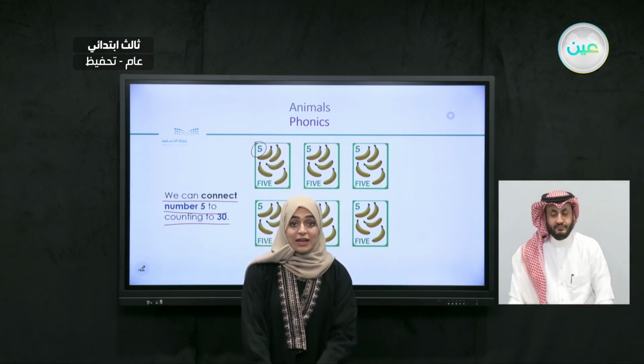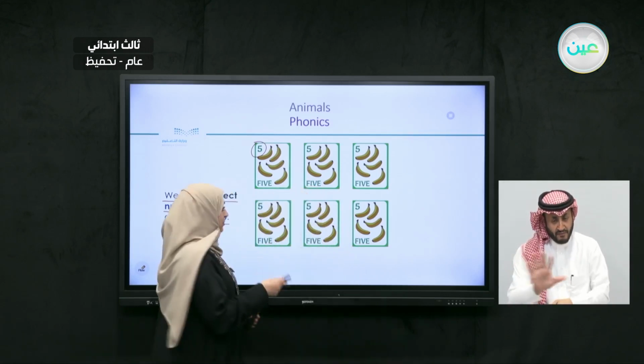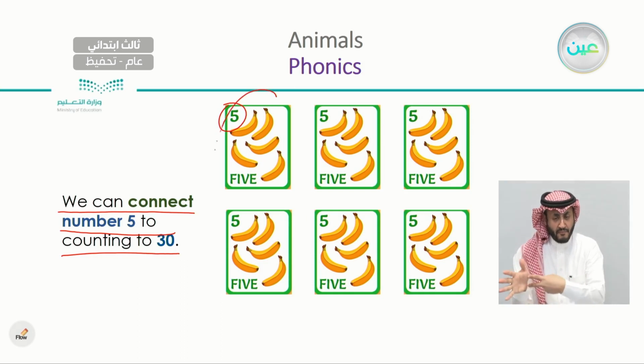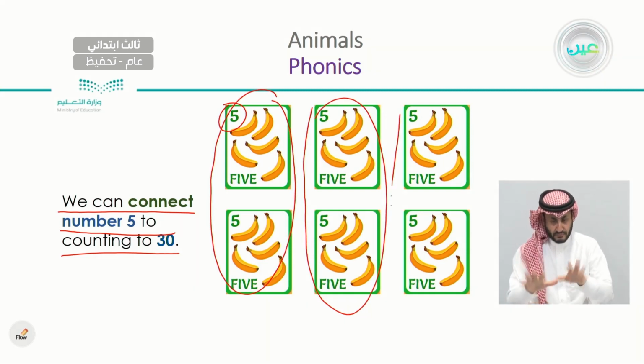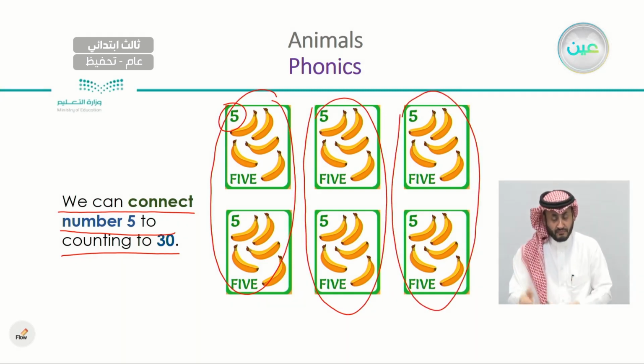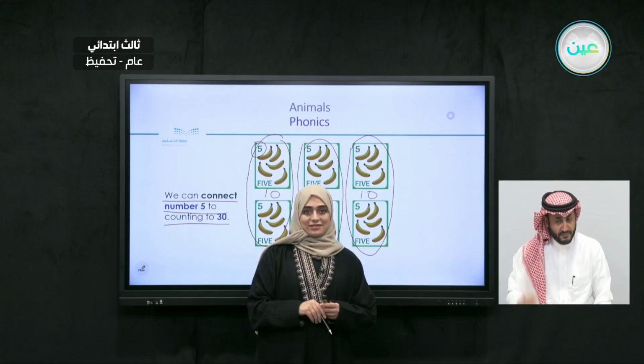So we can take 2 5s and turn them into 10. Here we have 2 5s, which is a 10, another 2 5s, another 2 5s. So here we have 10, 10, and 10. Which means we have, how many bananas? We have 30 bananas. Excellent.